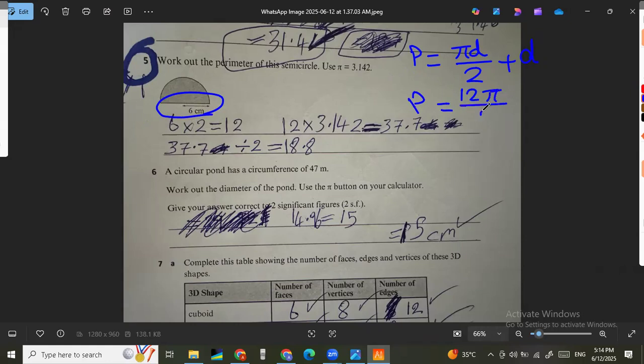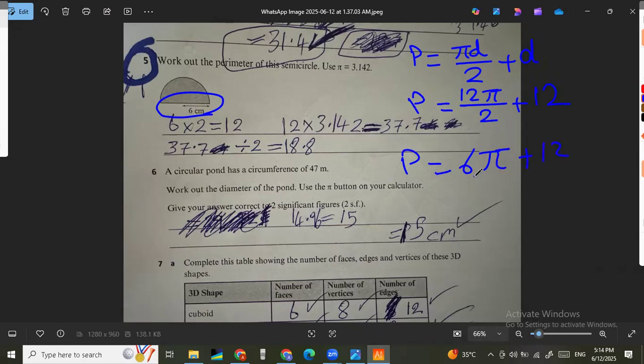The diameter is 12. So P equals 12 pi over 2 plus 12. You can simplify 12 over 2, which is 6. So 12 pi divided by 2 is 6 pi, plus 12.